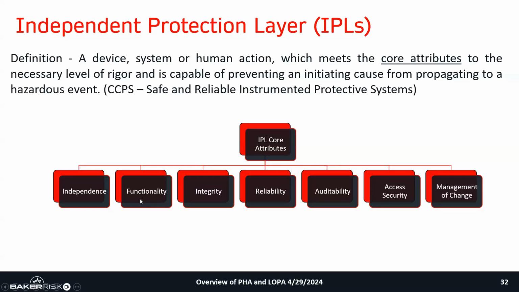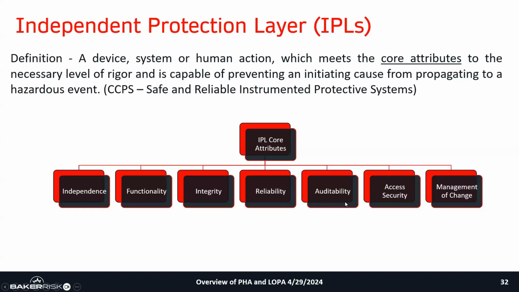As mentioned in the definition, from a functionality perspective, they have to be capable of preventing the initiating event from propagating. Integrity and reliability. So you want to make sure that you have the appropriate rigor or robustness of safeguard and that it's ready and present and available when it's needed.